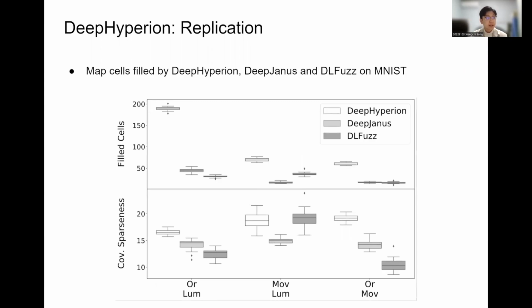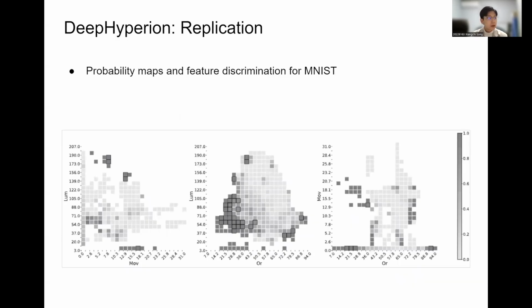The results displayed the number of feature map cells and their sparsity produced by each tool for the MNIST system. Deep Hyperion covered all feature maps more extensively than other tools, with large effect sizes and p-values consistently below 0.05. The color intensity of the cells within the feature map represented the average misbehavior probability, which we call MP, during runtime. We set it to 3,600 seconds as the paper did.